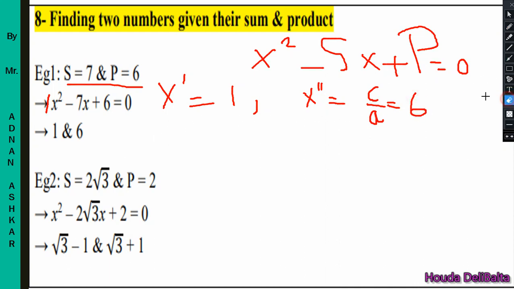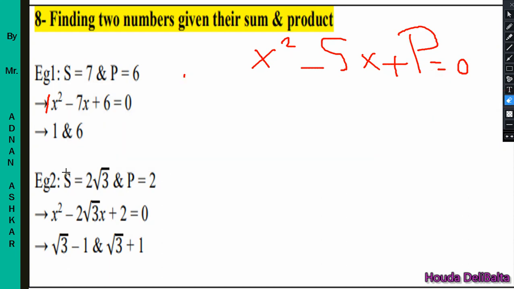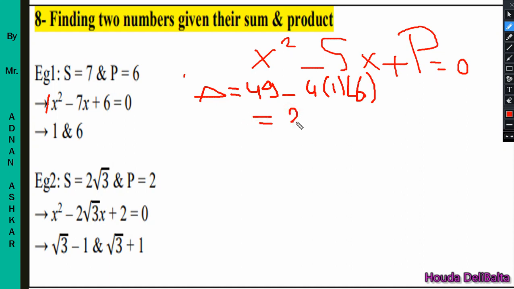If you don't want to use this method, you can use delta. You can find delta, which is equal to b squared, meaning minus 7 squared, that is 49, minus 4ac, so 4 into 1 into 6. So it is 49 minus 24, which is 25.